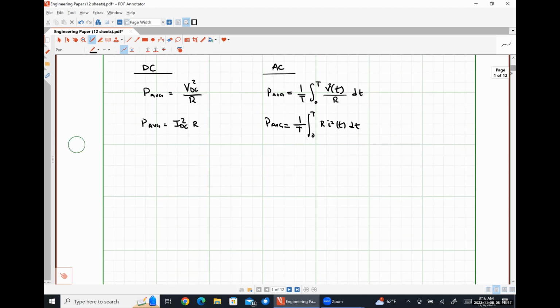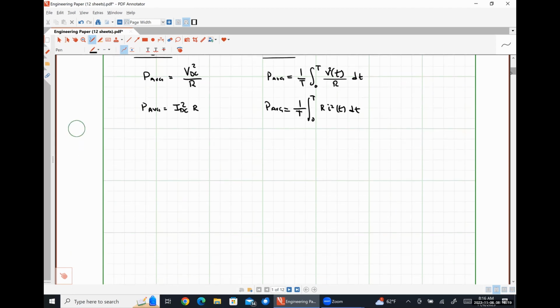So for voltages, we would have the relationship VDC squared divided by R is equal to 1 over the period times the integral over one period of our periodic voltage signal squared divided by R dt.